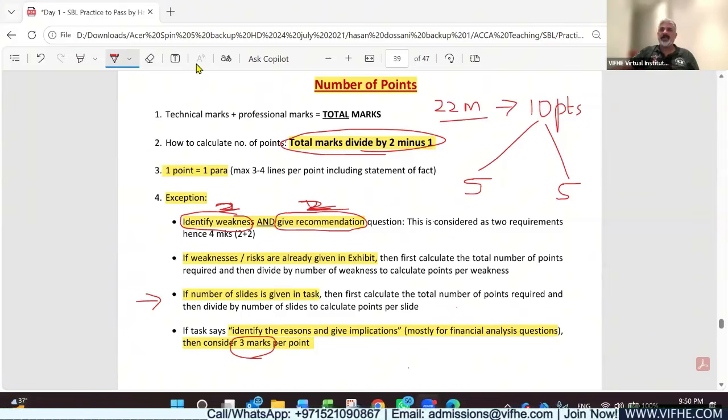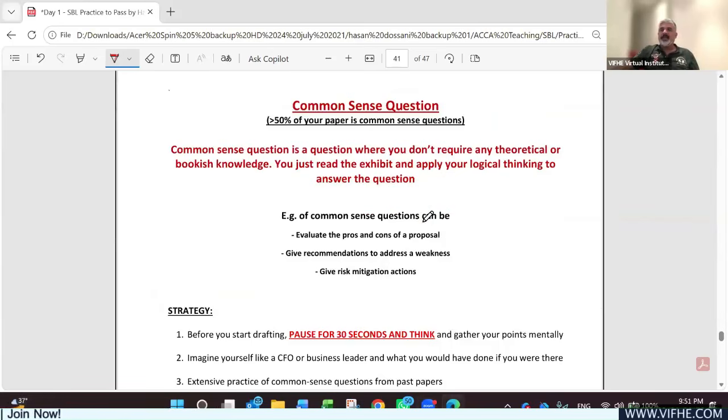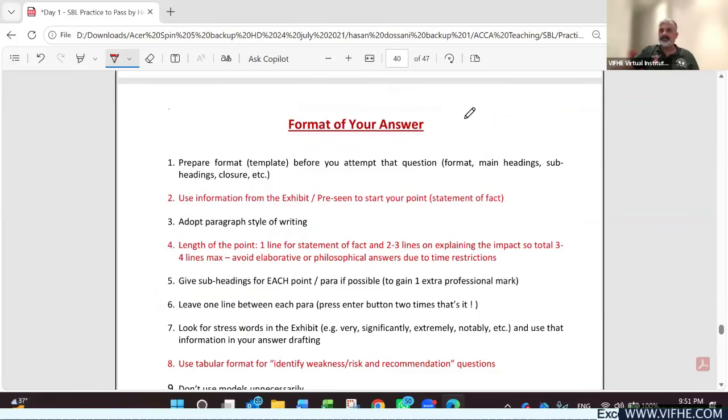Any questions on number of points calculation? You know now how to calculate the number of points: total marks divided by 2 minus 1. Now the next one is the length of your answer.